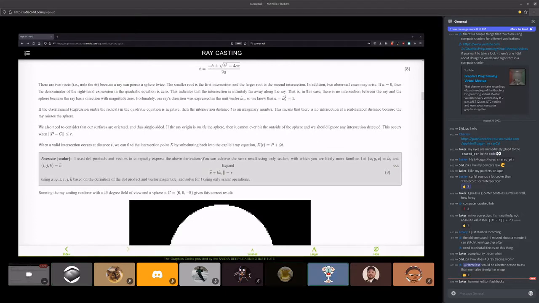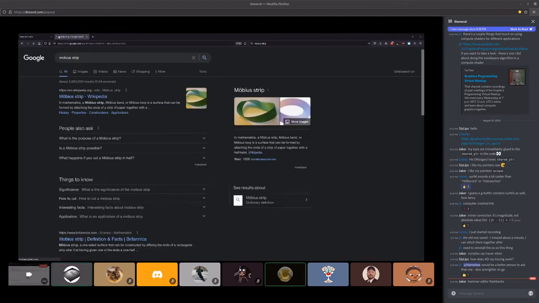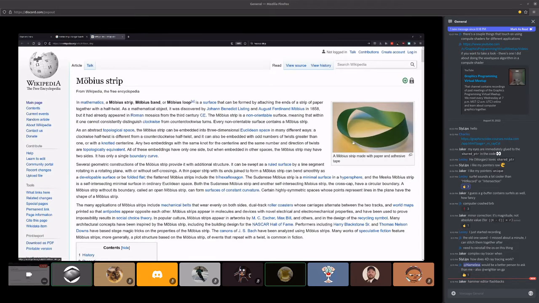I saw a surface the other day where there was like a three genus donut, but it had no inside because it had three holes on the side and then three holes on the top. It's so weird. It's like a Mobius strip, or a Klein bottle. A Mobius strip is a piece of paper with only one side. You can make it volumetric and put holes in it.